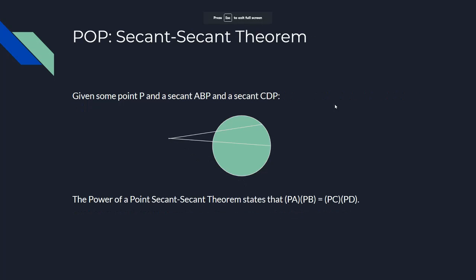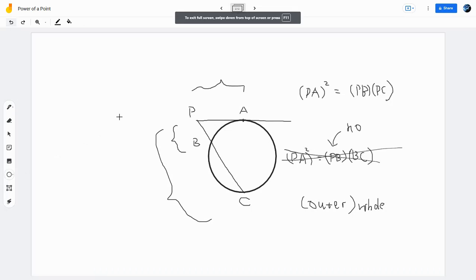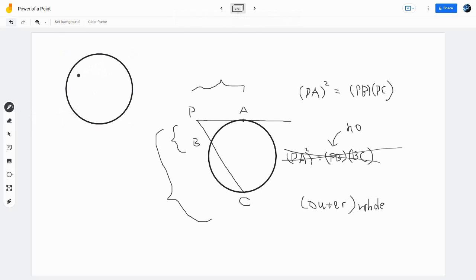We also have the second theorem. Given some point P, a secant ABP and a secant CDP, the power of a point second theorem states that PA times PB is equal to PC times PD. So it's a very similar diagram.